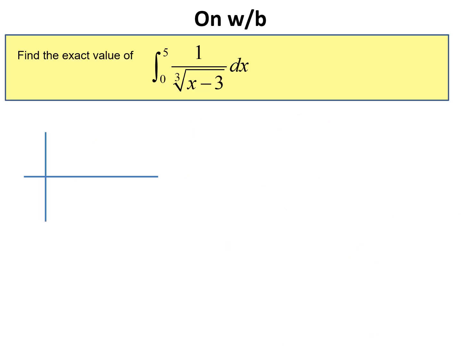Right, on your whiteboard, try that one. Press pause. Have a go. It's a bit like the last one. Okay, hope it's unpaused now.